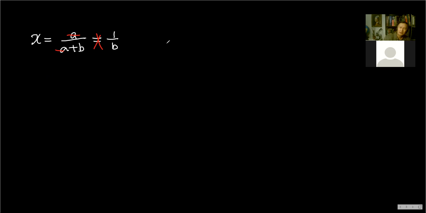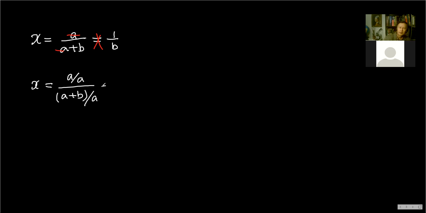I'll show you the correct way. So what are you trying to do? You don't cross. You're trying to divide everything by a. Do you agree? This is a plus b divided by a. That is allowed. Nothing changed. You divide the numerator by a. That's okay.